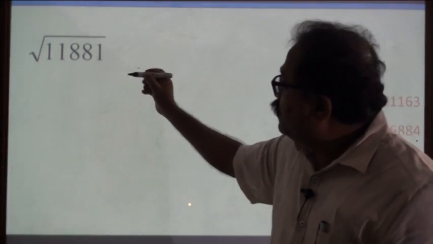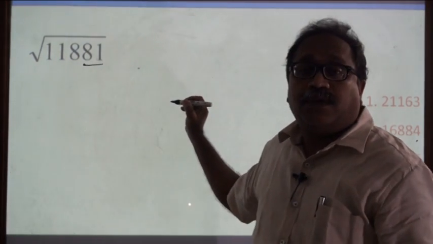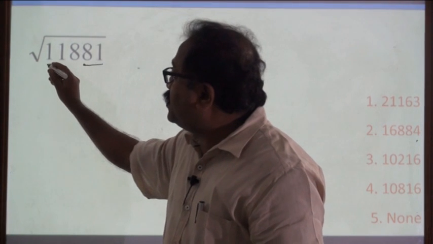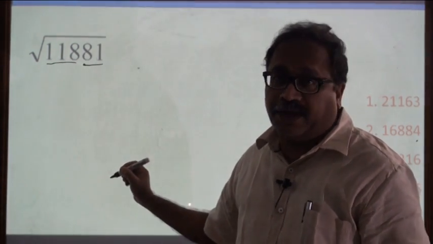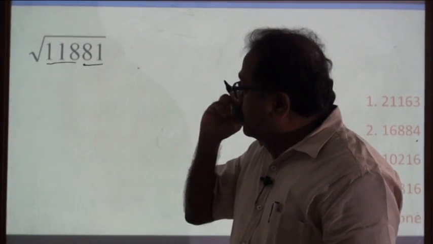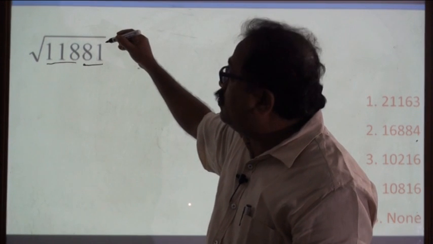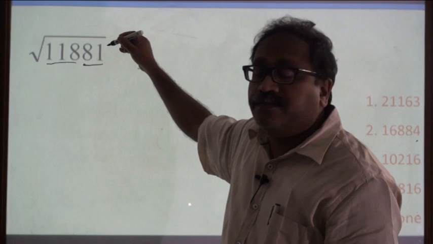Now first I will make this a 2-digit pair, and after that if there are 3 digits, you can make this 3-digit as one pair. Now when you have a unit digit 1, you know which number's square gives you unit digit 1.